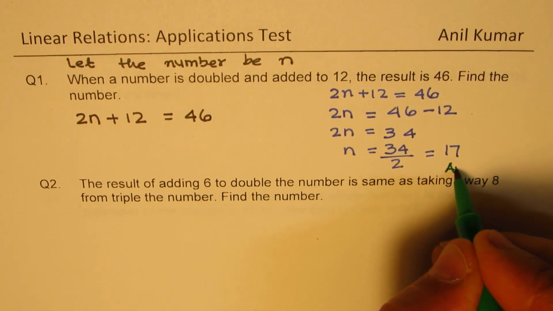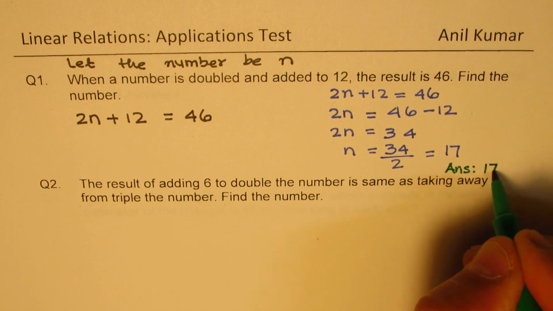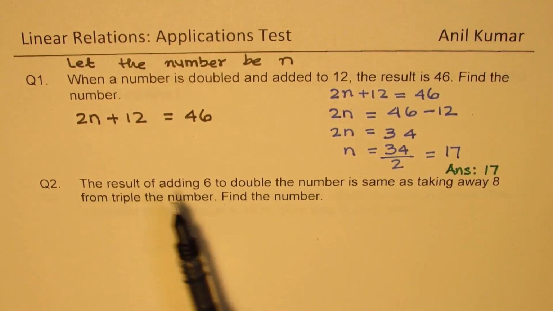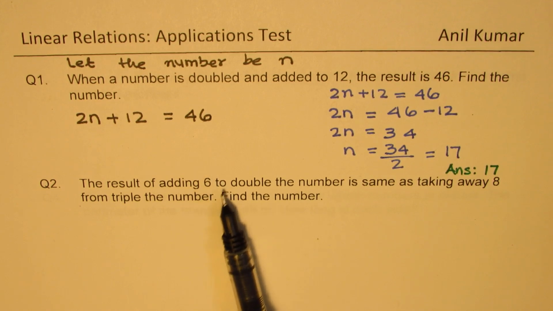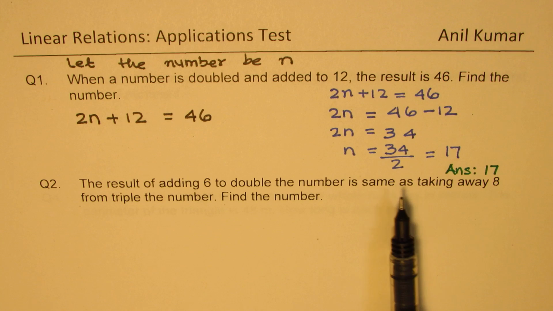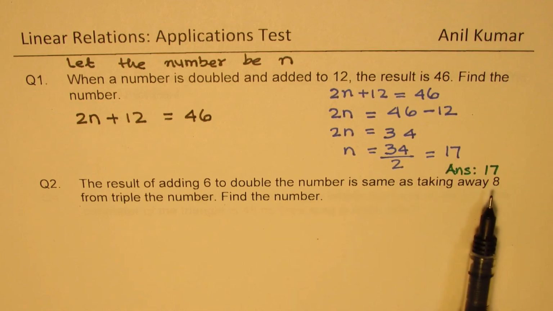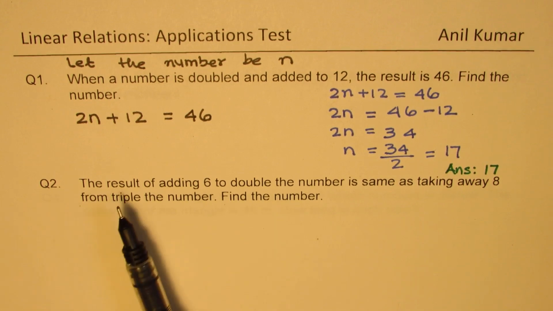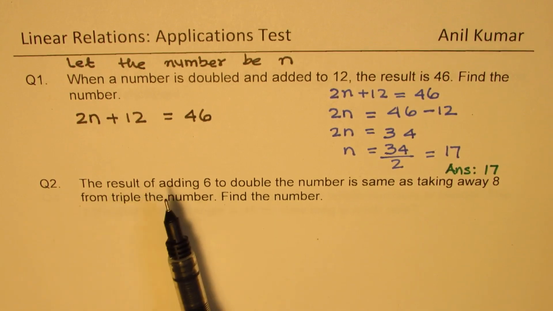So the answer is 17. Now, next question. The result of adding 6 to double the number is the same as taking away 8 from triple the number. Find the number. The result is the output, right?